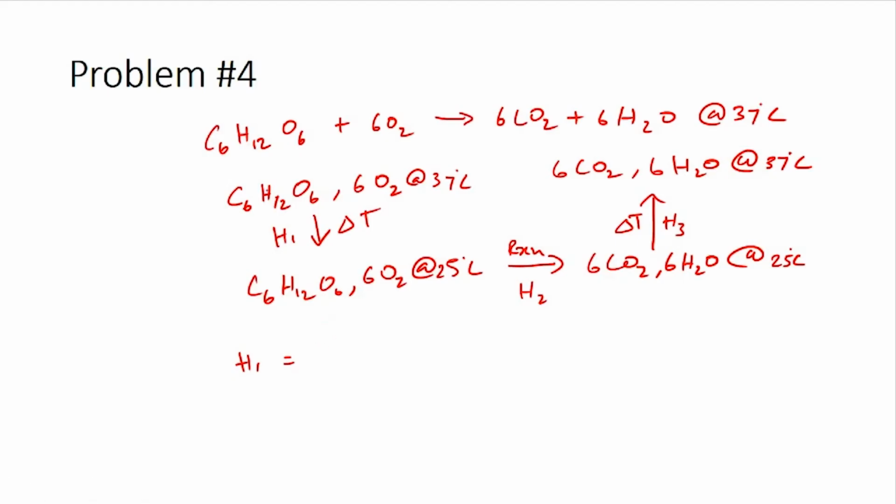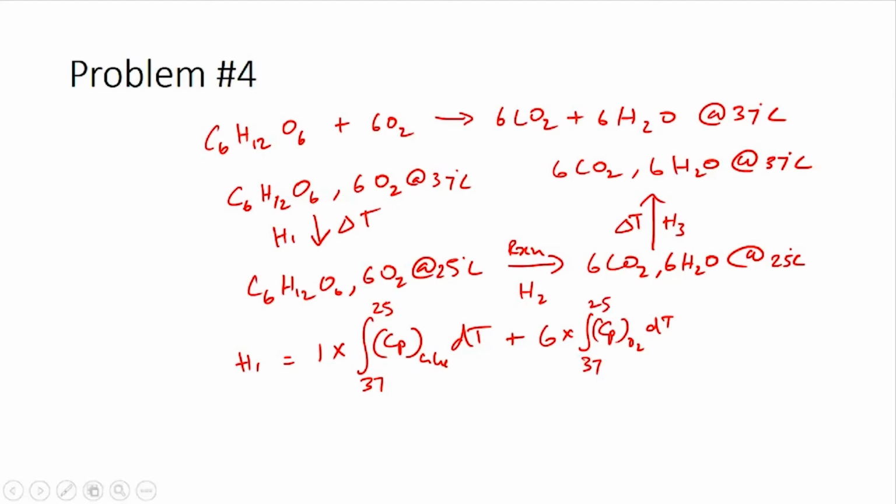So, for calculating the enthalpy change associated with cooling 1 mole of glucose, we would have to calculate 1 times integral Cp of glucose dT, where temperature changes from 37 to 25, plus the enthalpy change associated with cooling 6 moles of oxygen, which would be 6 times integral Cp of oxygen dT, and this is again cooling from 37 to 25.